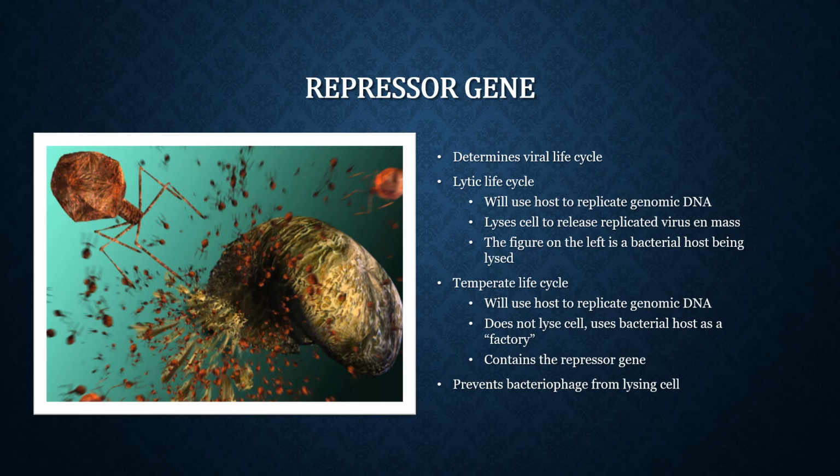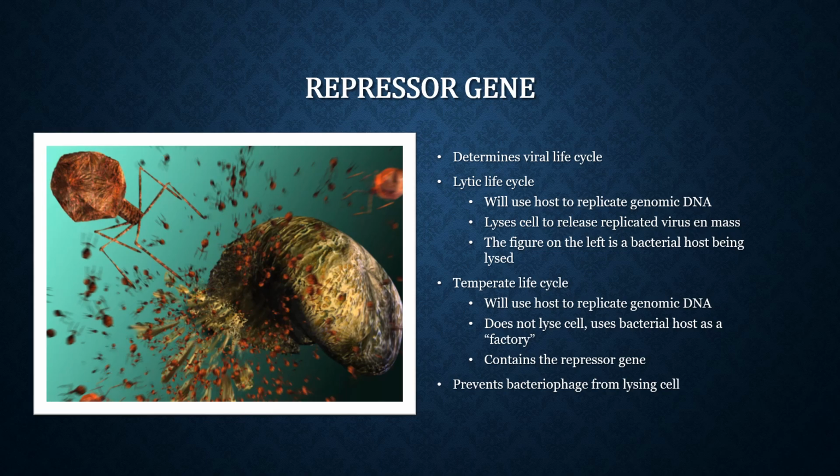If you look at the figure, this is going to be your bacteriophage, and you see a ton of them coming out, and this right here is where the cell membrane has been lysed. So that's where they're actually exiting out of.